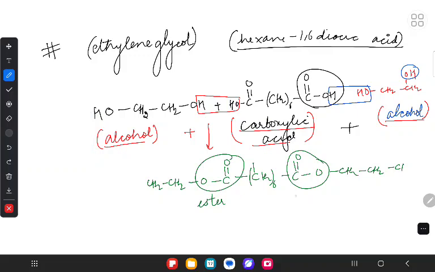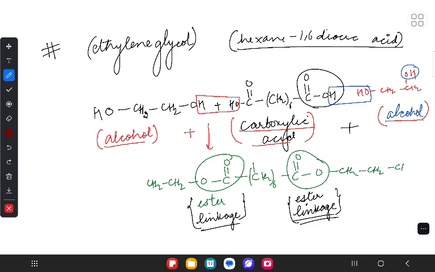So this is my ester linkage. Got it? So when we have this ester link, yes or no?